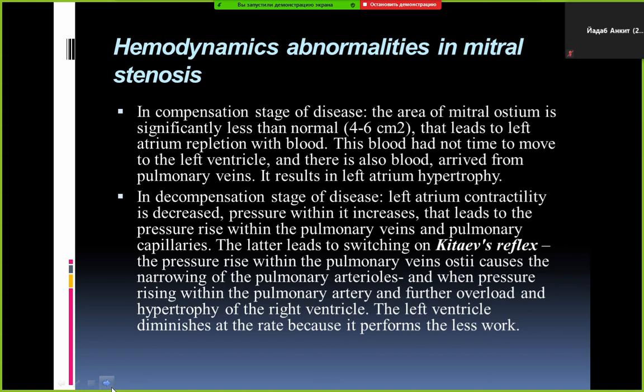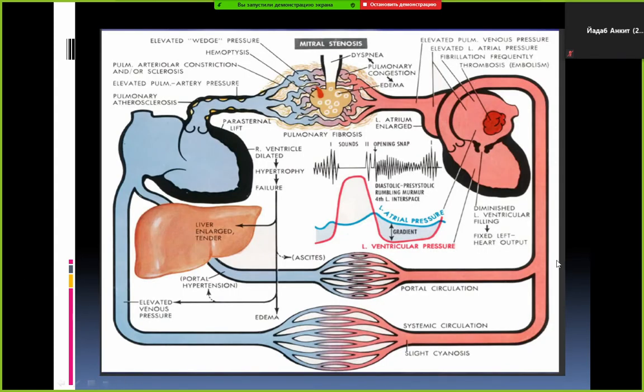And when pressure rises within the pulmonary artery, further overload and hypertrophy of the right ventricle develops. The left ventricle diminishes in size because it performs less work.